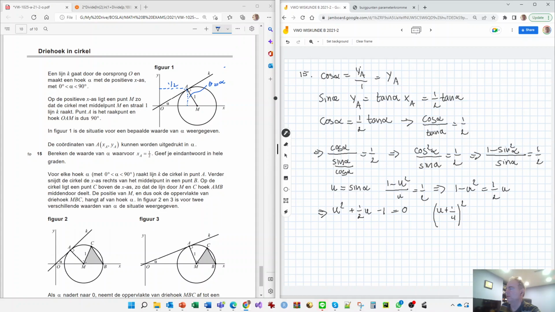Since I write it in this way, I need to subtract actually 1/16, minus 1.